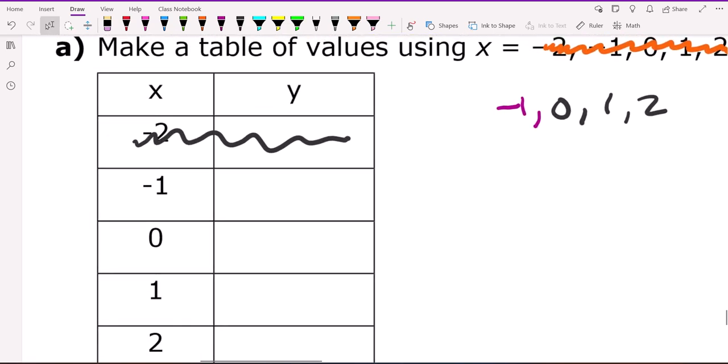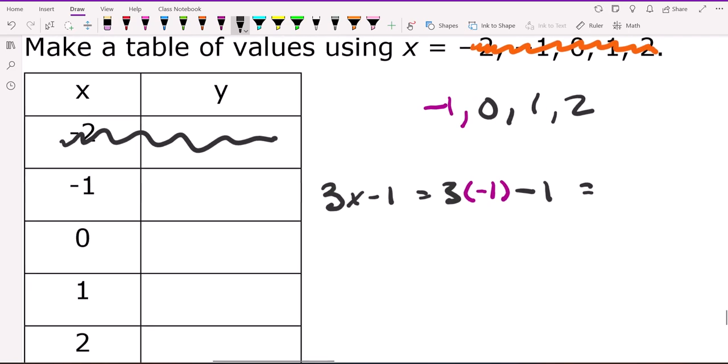All right, so let's do this. Our equation is 3x minus 1. So where we see the x, we replace it with the -1. So this equals 3 times -1 is -3. So we have -3 minus 1, we get -4.